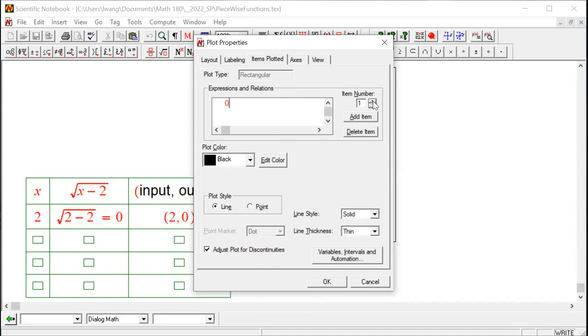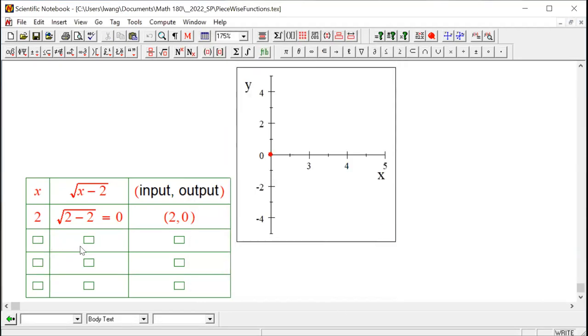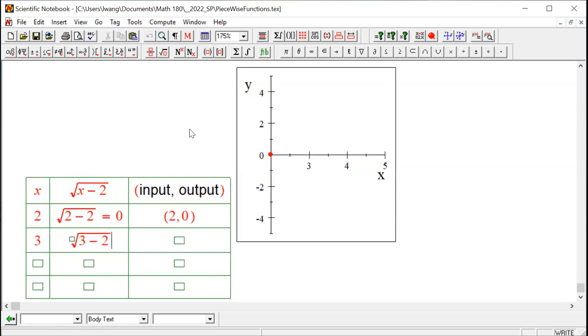There we go. If I pick x equals 3, root of 3 minus 2 gives me root 1. Root 1 is 1. So that point is going to be (3, 1), plotted right here.